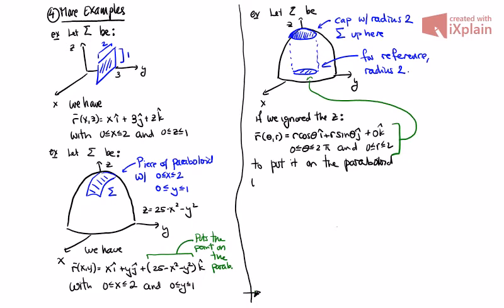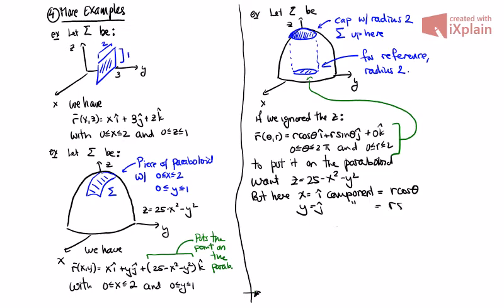Right, what we want is for z to be 25 minus x squared minus y squared. But we don't have x and y anymore. We have the things that went in for x. Here, x is the i component, which is r cosine theta, and y is the j component, which is r sine theta.